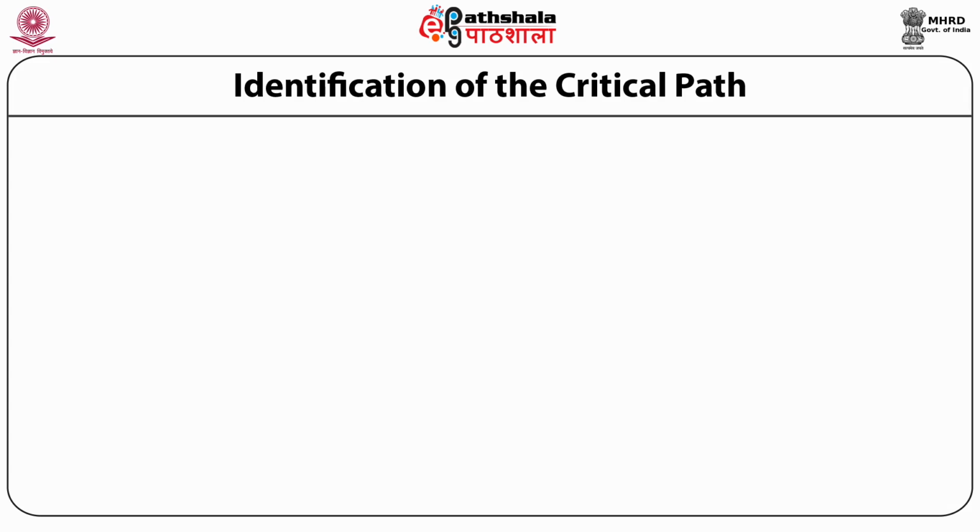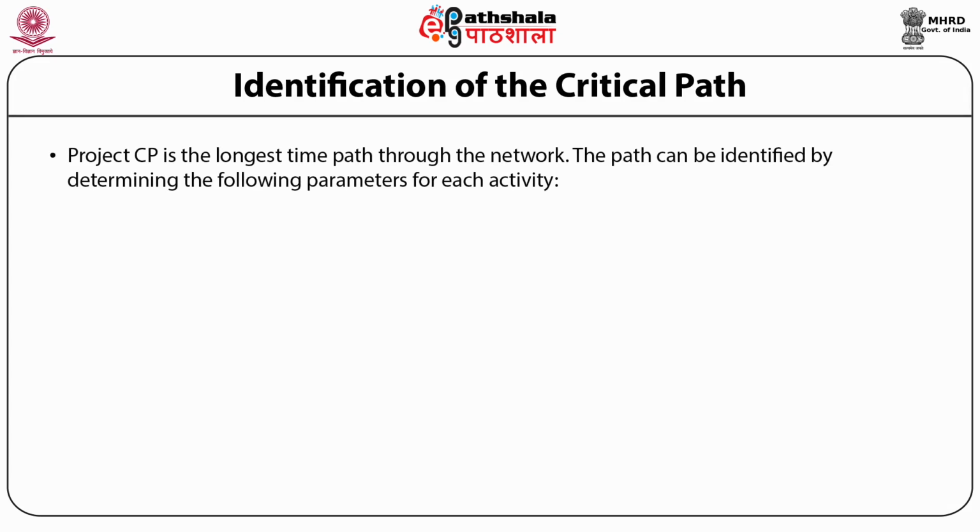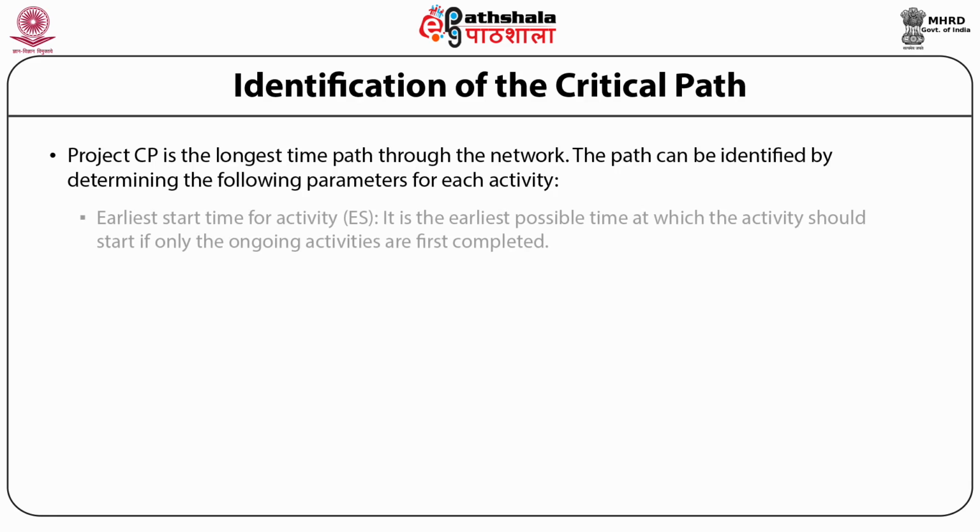Identification of the critical path. Project critical path is the longest time path through the network. The path can be identified by determining the following parameters for each activity. Earliest start time for activity, that is ES.